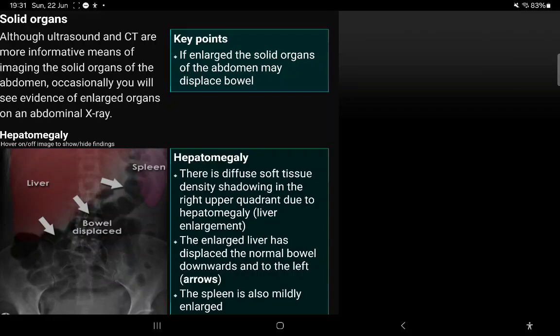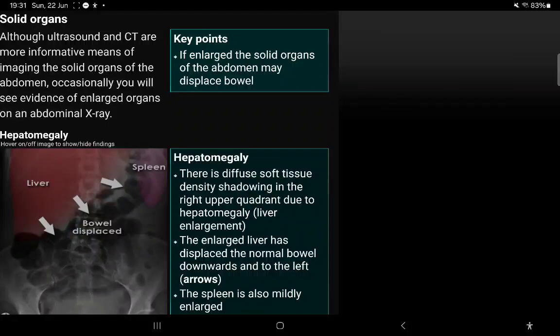Liver enlargement: the enlarged liver has displaced the normal bowel downward and to the left, arrows. The spleen is also mildly enlarged, and these bowel segments are displaced more centrally and downward.